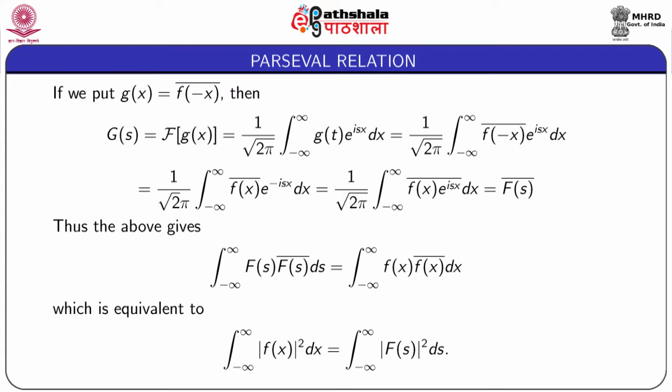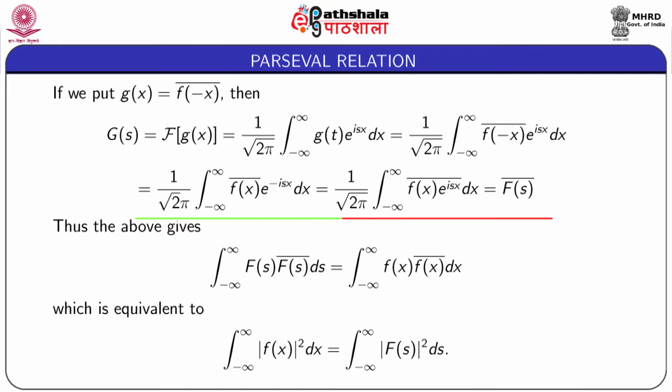Now, by putting minus x equal to x, this becomes 1 by root 2 pi integral minus infinity to plus infinity f bar(x) e to the power minus i s x dx. So, e to the power minus i s x is the complex conjugate of e to the power i s x.